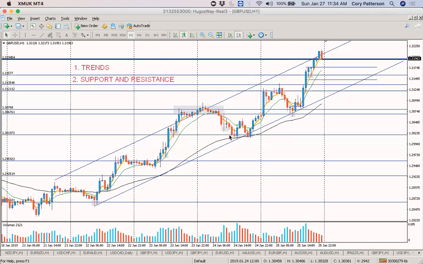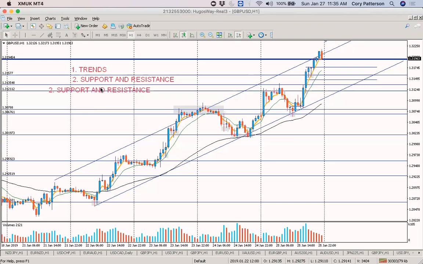And remember, your support is your floor, and your resistance is your ceiling. You want to always know those, because they tell you where you are on the charts, like if you're near support or near resistance. That tells you what you should do when you're trading and how you should consider taking your trades.